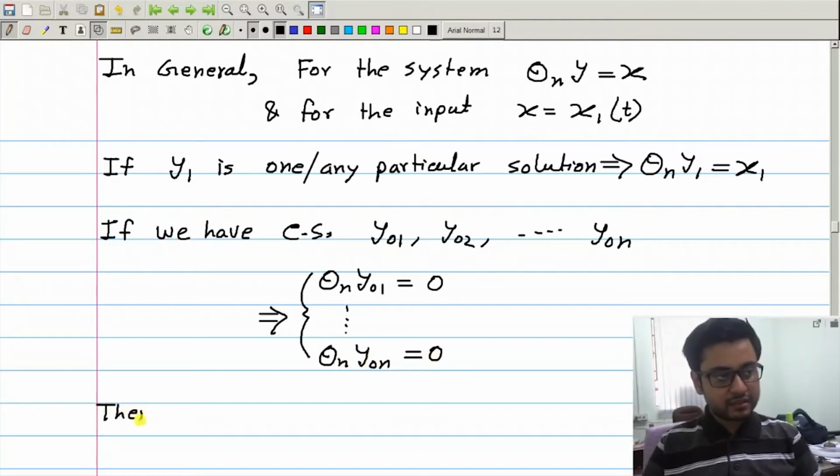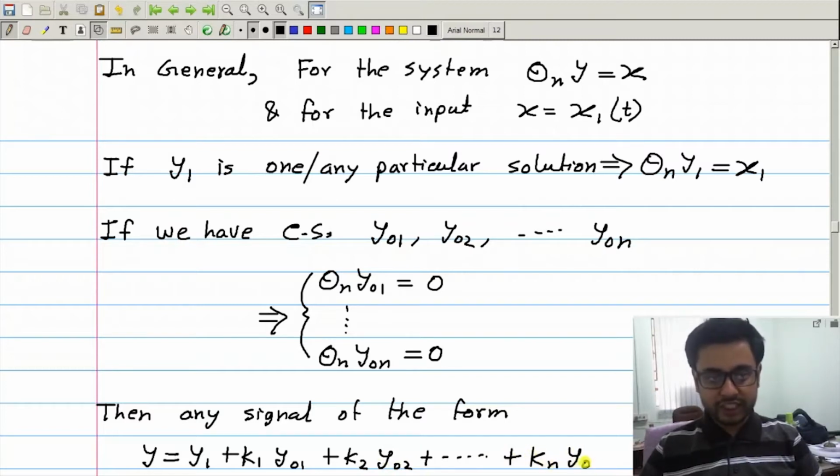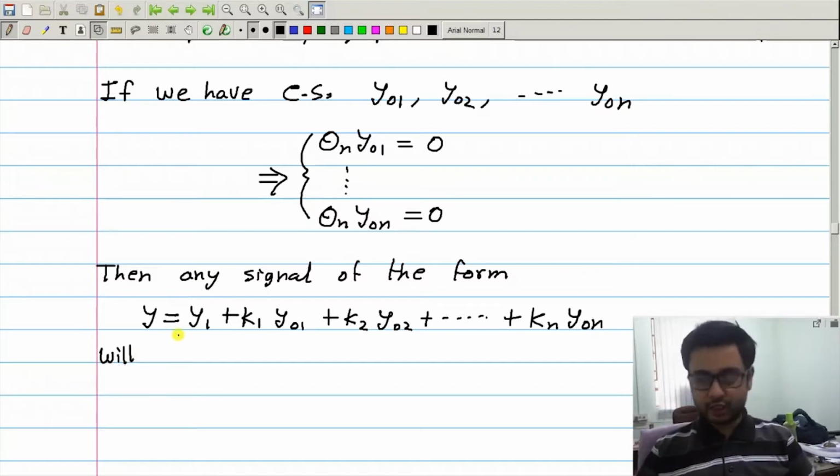Then any signal of this form, y is equal to y1 plus say k1 y01 plus k2 y02 plus kn y0n, will also be a possible output corresponding to the input x1.